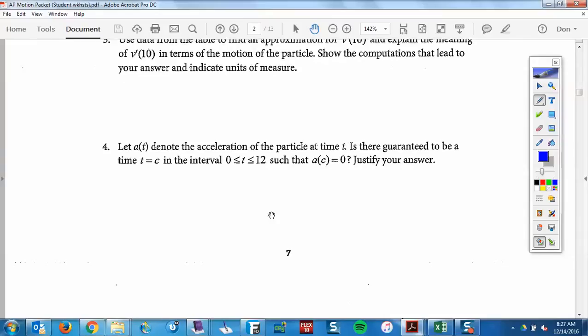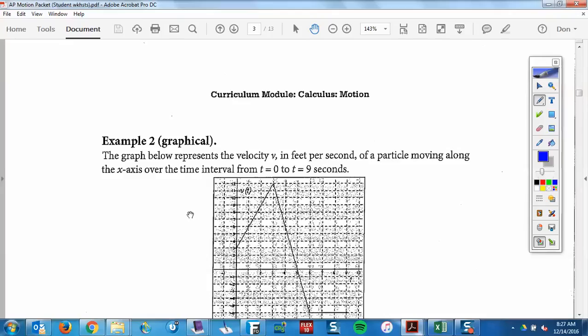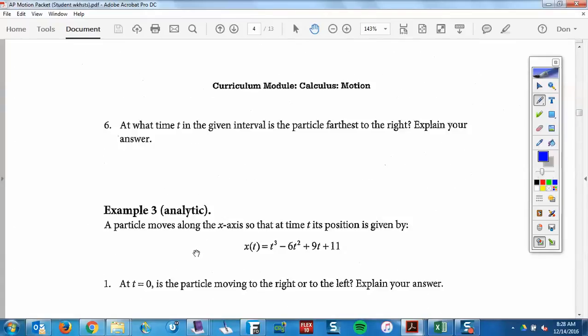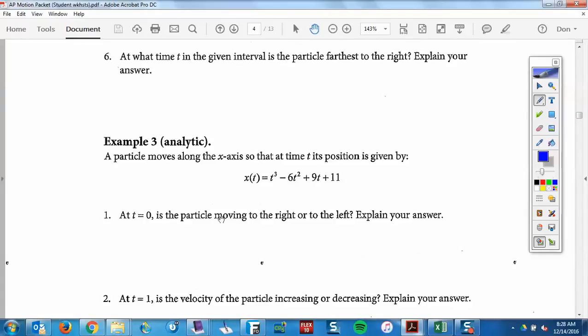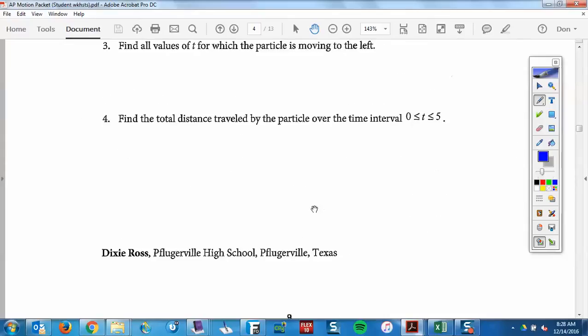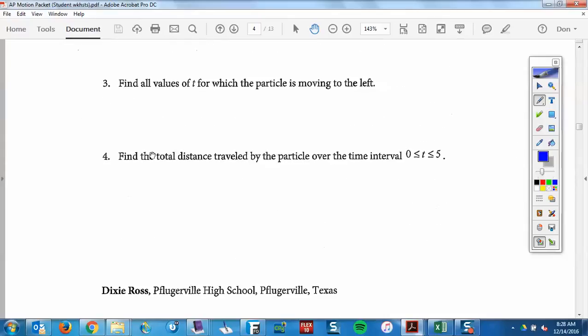Remind me, I want to take a little time tomorrow to do a few of these. I think it's this page right here. Find the total distance traveled. So this is page 9, number 4, right? Put a little note by that. That's just like number 11 on the back that we just did, okay?